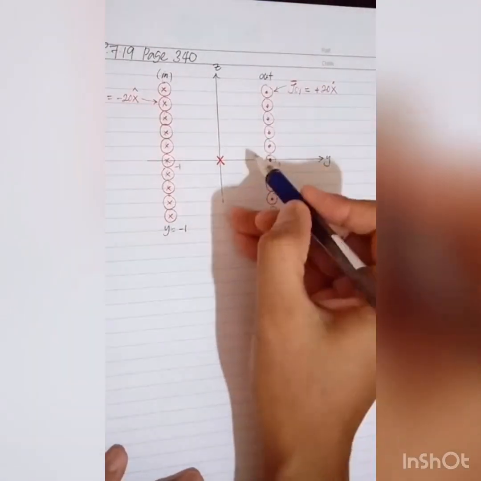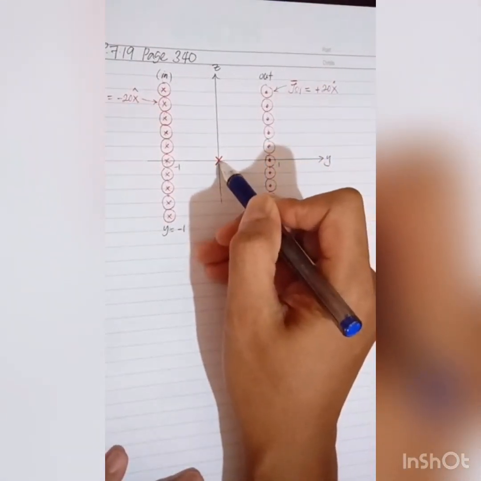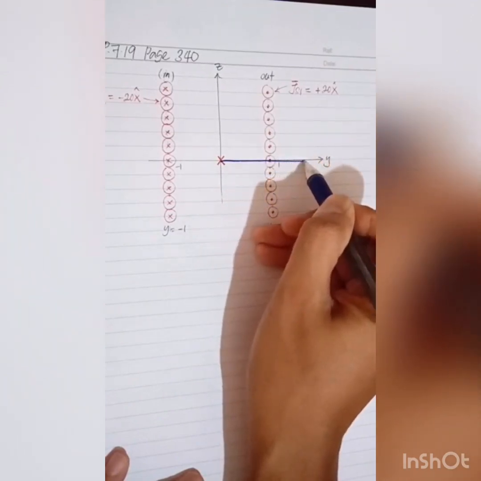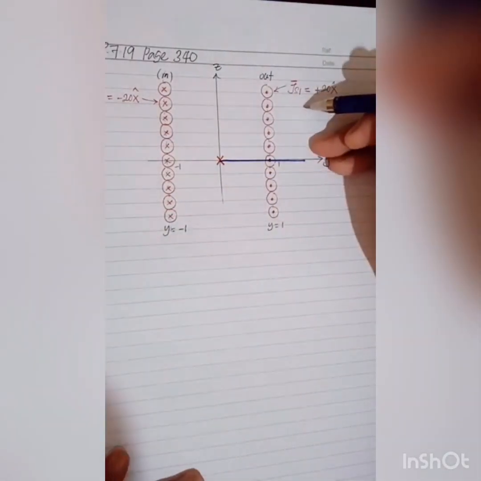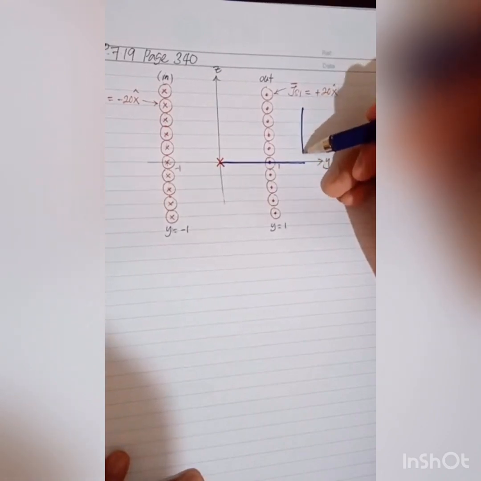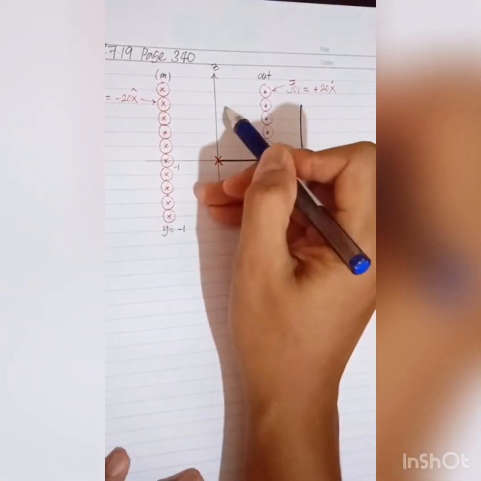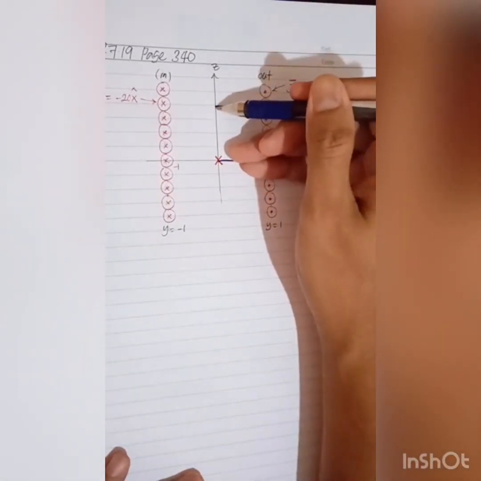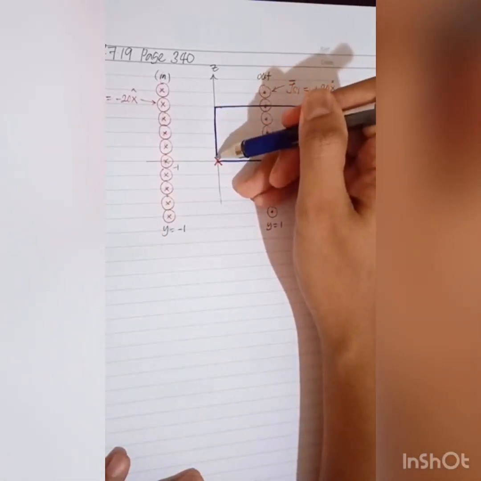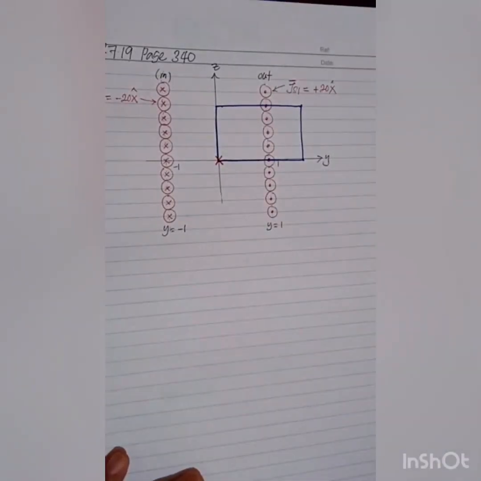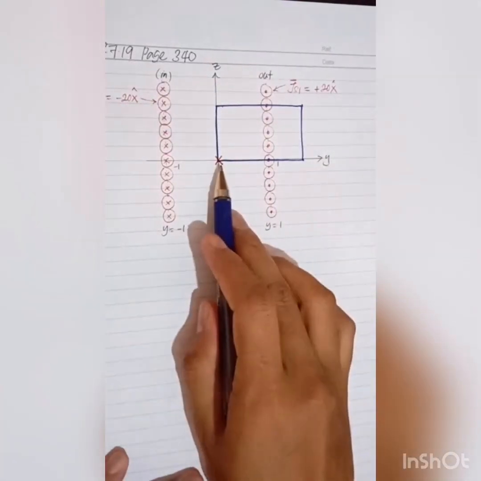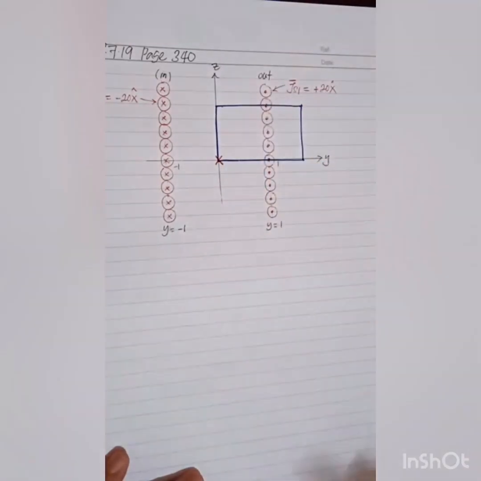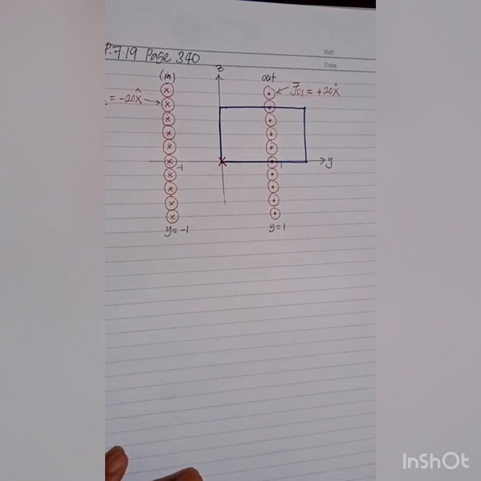I draw the loop from the origin to that point, then to the next point up there, then along the next path, and lastly back to the origin. That is the loop that passes through the point of interest and is completely closed. This is your first loop for the first surface current.